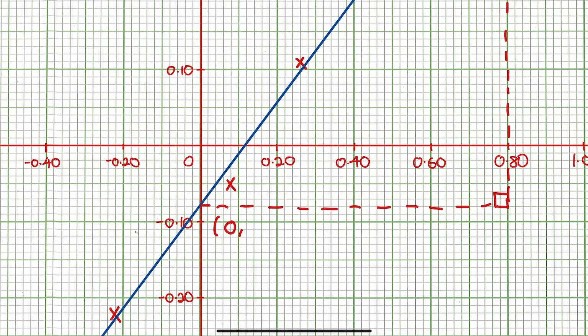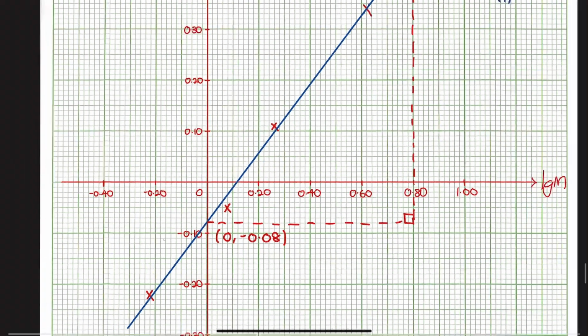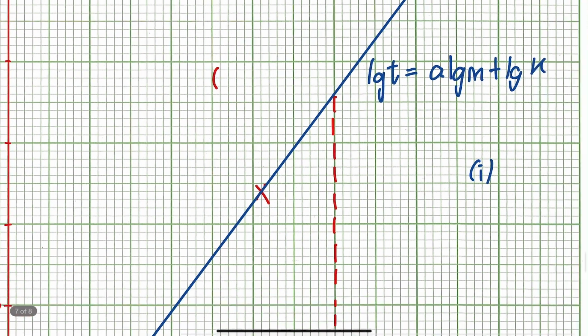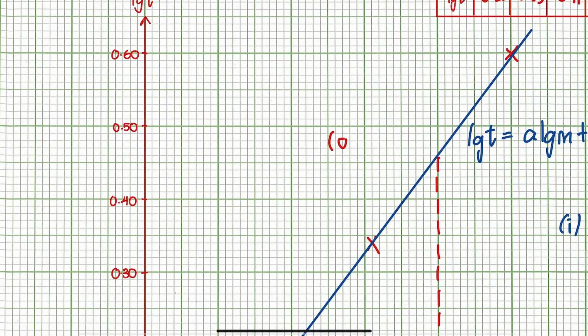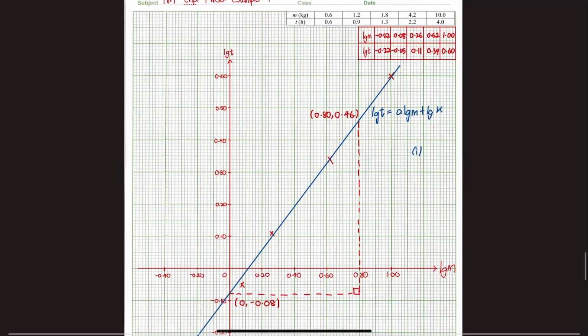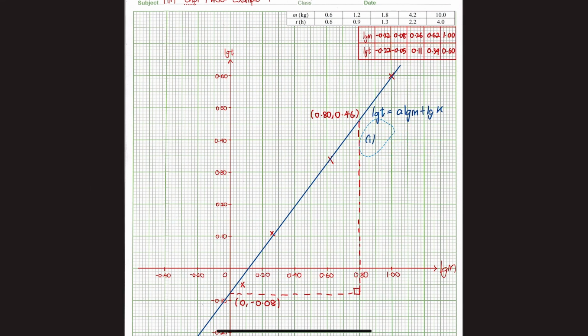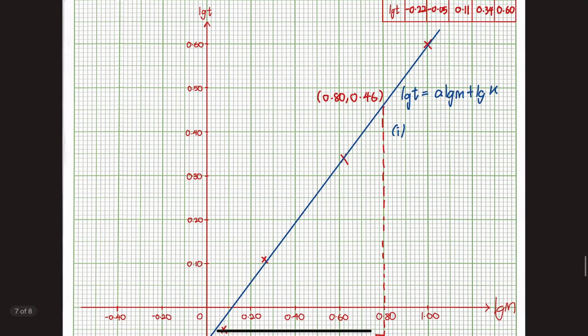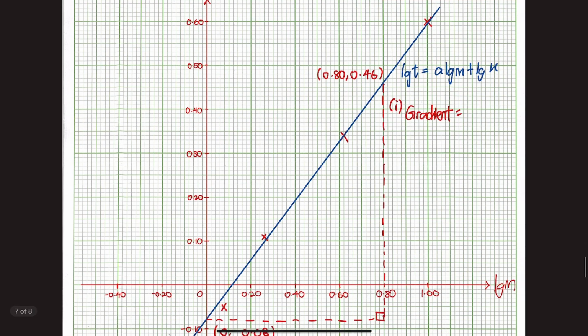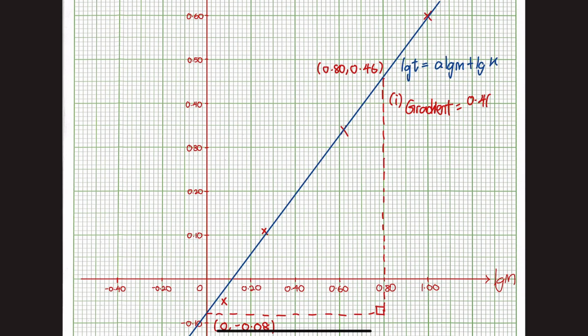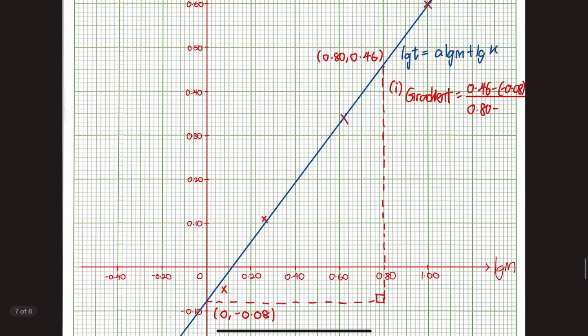This is 0, negative 0.08. Then this coordinate here will be simply 0.80, 0.46. So for part 1, gradient is simply equals to 0.46 minus negative 0.08 divided by 0.80 minus 0.